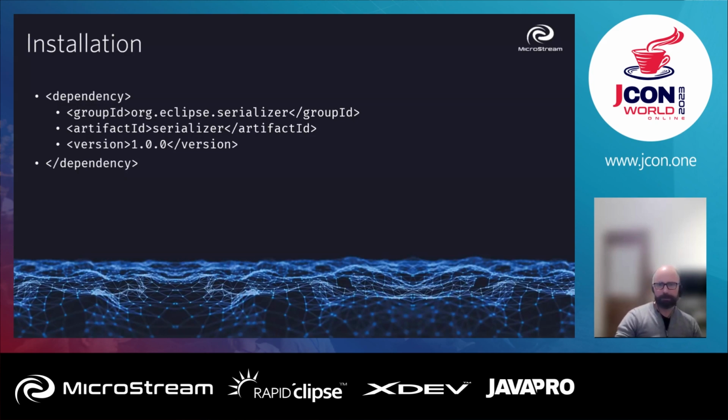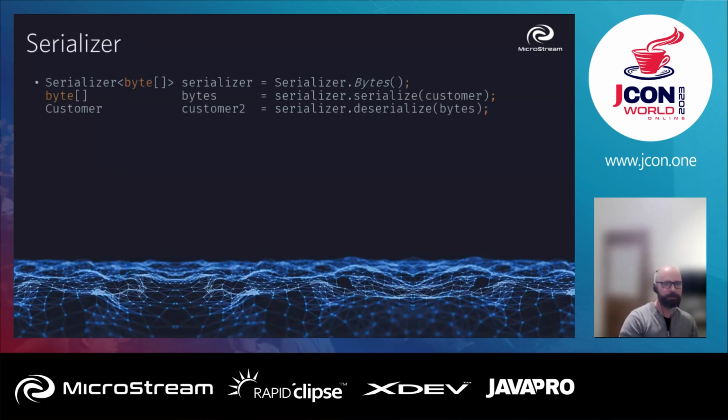So let's look at some code here. It's easy to use. You just instantiate a byte-based serializer with a factory method. The serializer can basically use every transport or medium format as well.